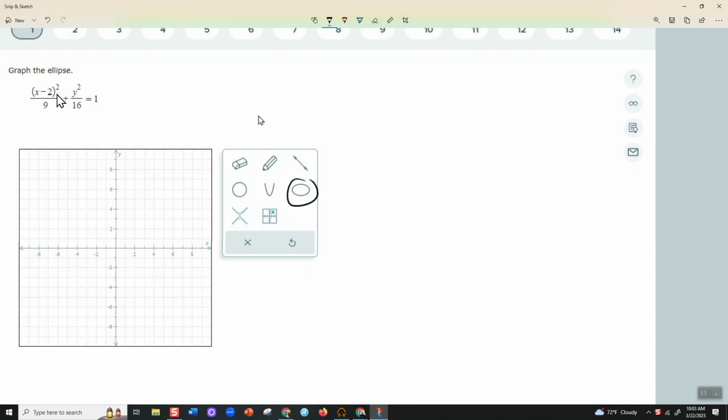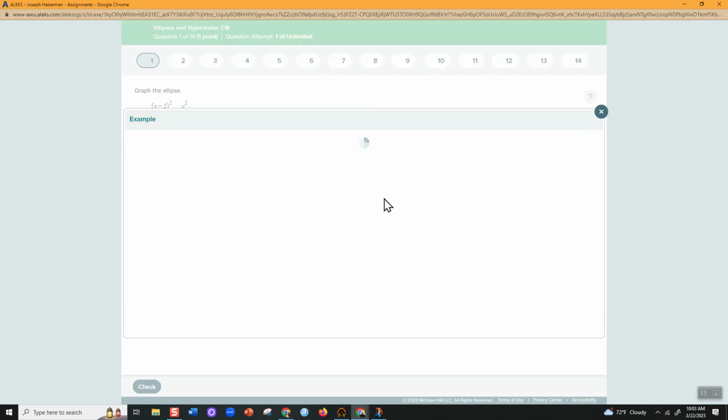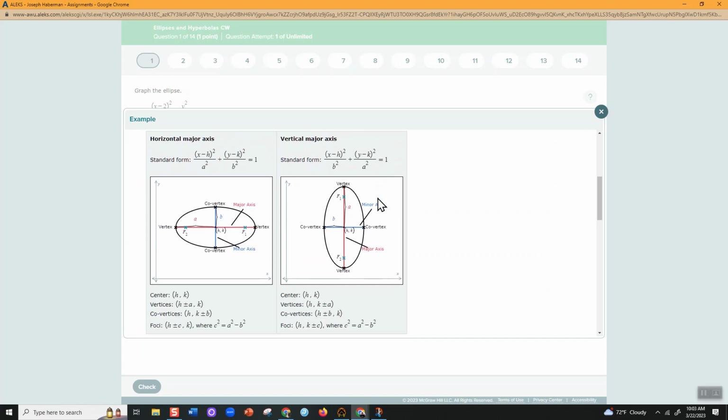So the center is going to be the distance from x and the distance from y, reversed, or in other words, the general formula. Let me just show you from Alex, actually. General formula for your horizontal major axis and a vertical major axis.